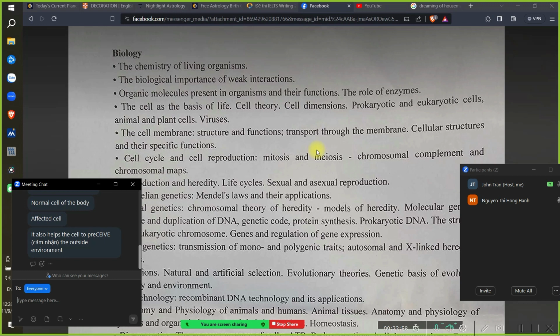For big polar molecules like glucose, an ion channel cannot handle them, so we have a protein called a carrier protein to diffuse glucose into or out of the cell.